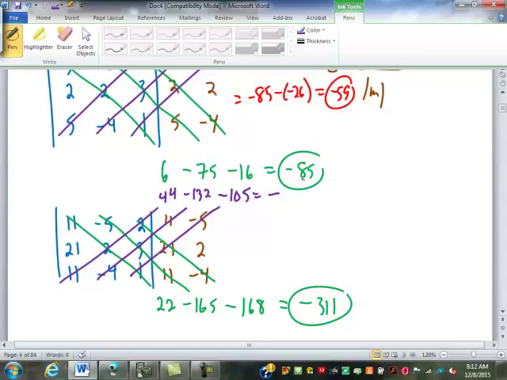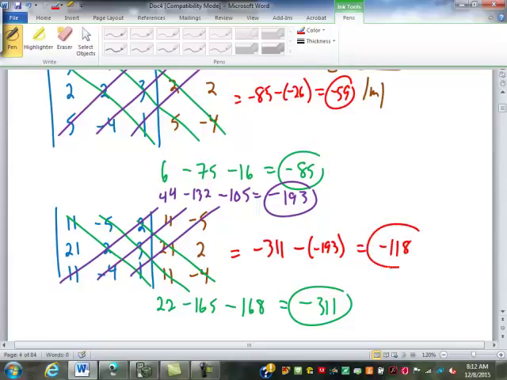I was going to say something's wrong there. I got negative 193 here. So negative 311 minus a negative 193. I'm getting negative 118. This is the determinant of the X matrix.